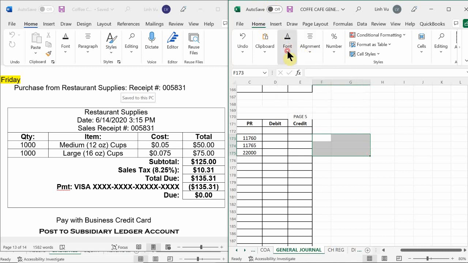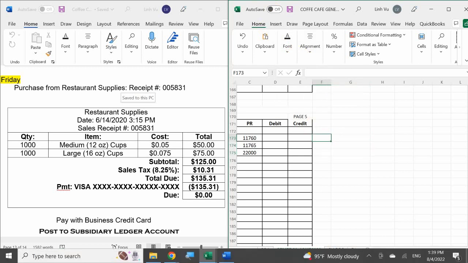If we know that my medium coffee cups are $50 and my large coffee cups are $75, how much tax is going to be distributed to each coffee cup? We've got to multiply it by 8.25%.